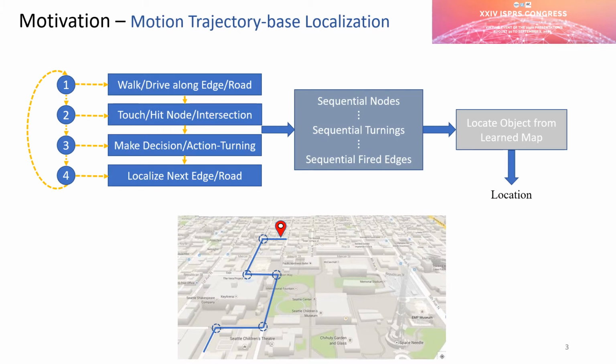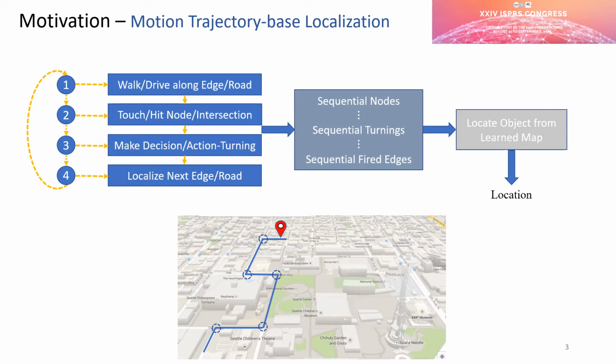Our work is inspired by that biological research. Here, we describe general motion-based localization as the following sequential process. Just imagine we would like to go to a place. We first start from one place and go along a road. Then we need to make a turn when we encounter an intersection.